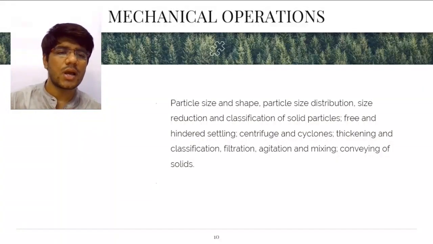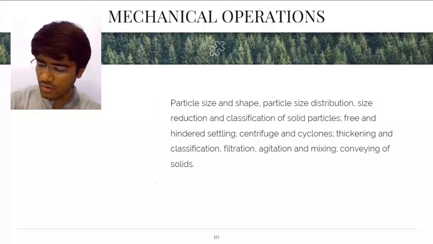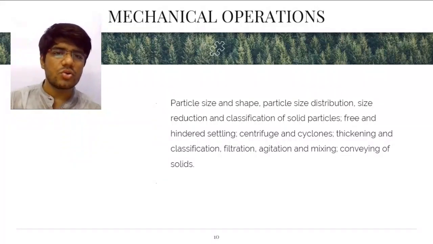The decreasing order is size reduction, then settling, filtration, then you can move towards centrifuge or cyclone. In the last 2 or 3 years I am seeing questions on settling. Fluid mechanics and mechanical operations every year come for 9 to 10 marks, and I think this time it will also come for about 9 to 10 marks.